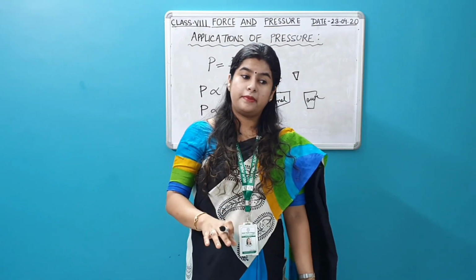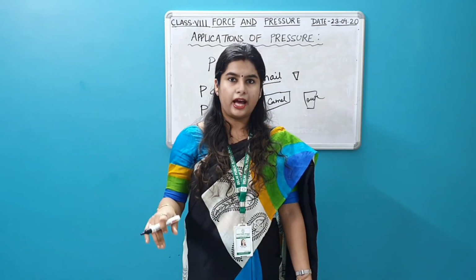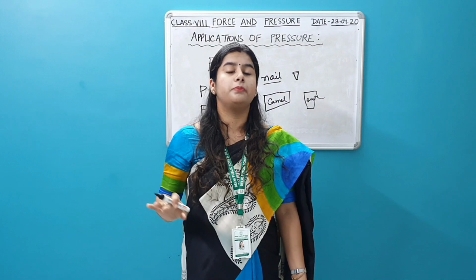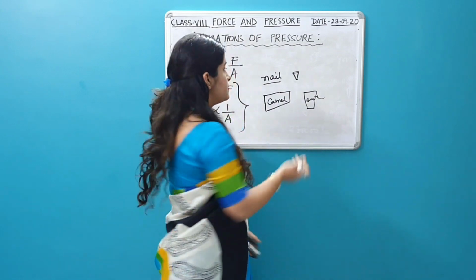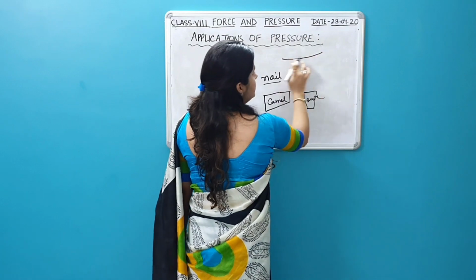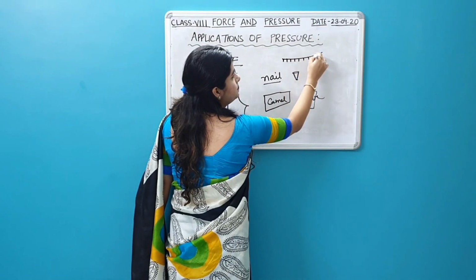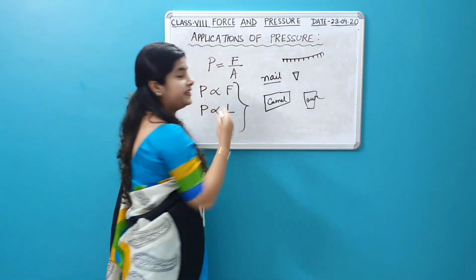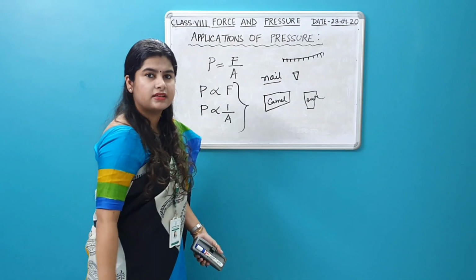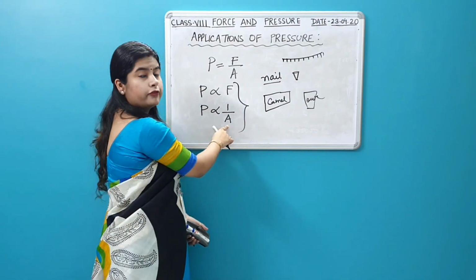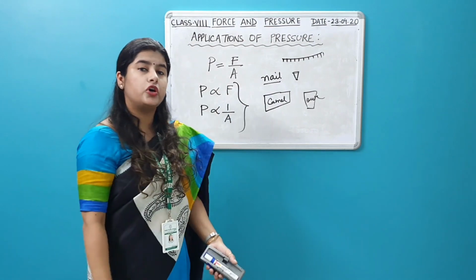But at the same time, if you're just wearing a slipper and you're walking on the ground, it will not leave much impression on the ground. Again, the reason is the same. A spike, if this is the bottom, the sole of the spike, and these spikes have these sharp pointed edges, as a result, the area of contact is less. Lesser the area of contact, pressure is more, effect of force is also more.